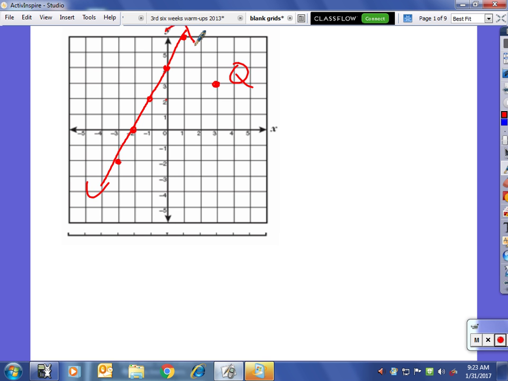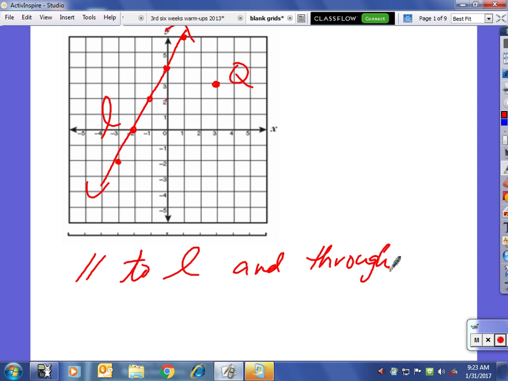I am thinking of a line that's parallel to line L. So you have to be parallel to L and through point Q. I'm giving you a point and a slope completely from a picture.